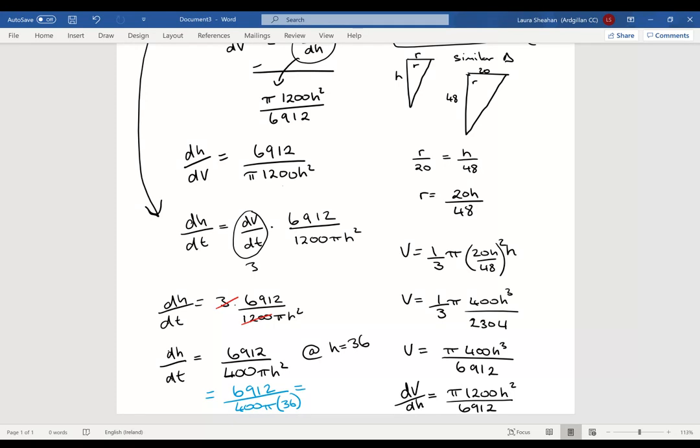And I get 0.01528 centimeters per second.